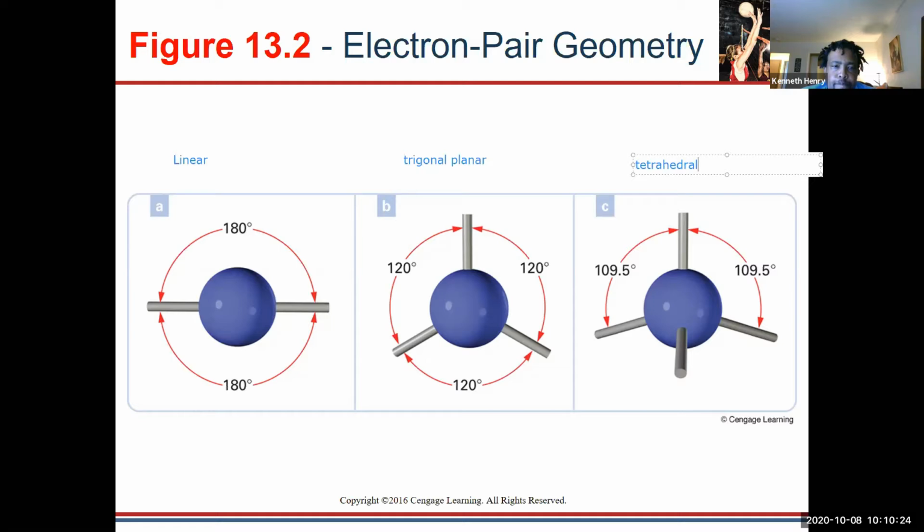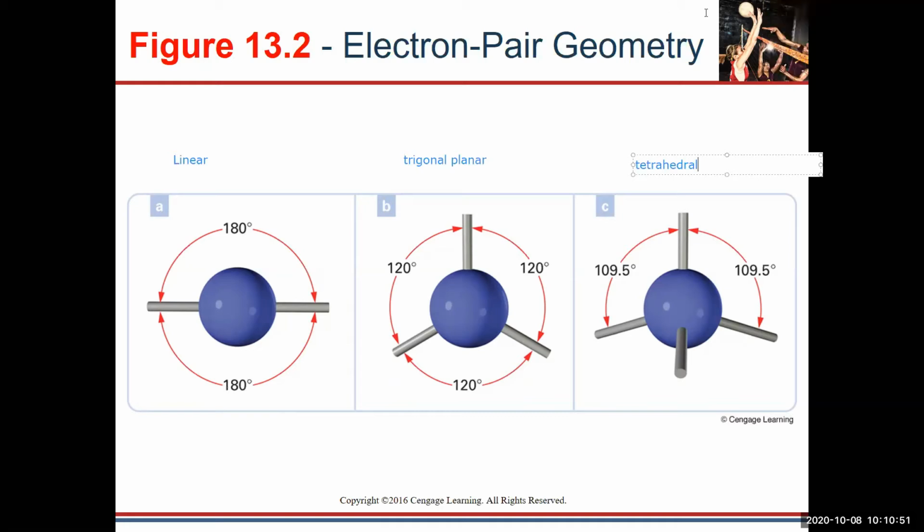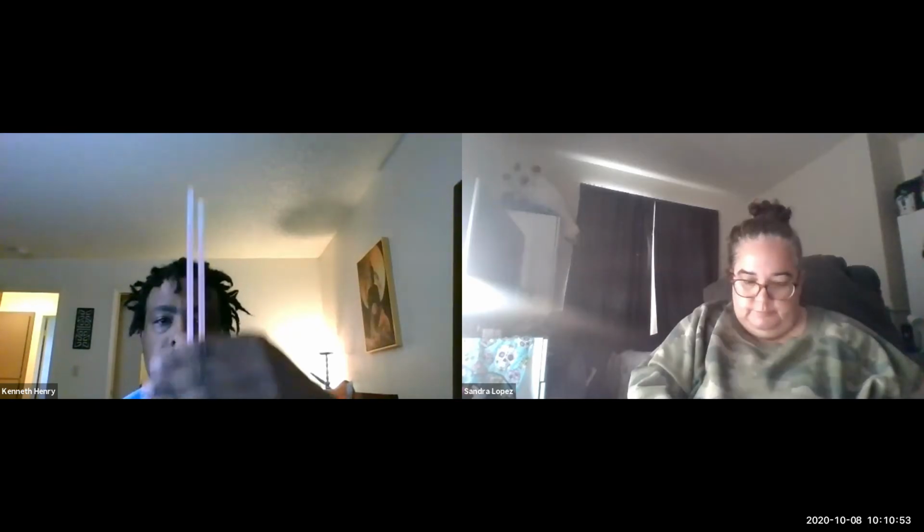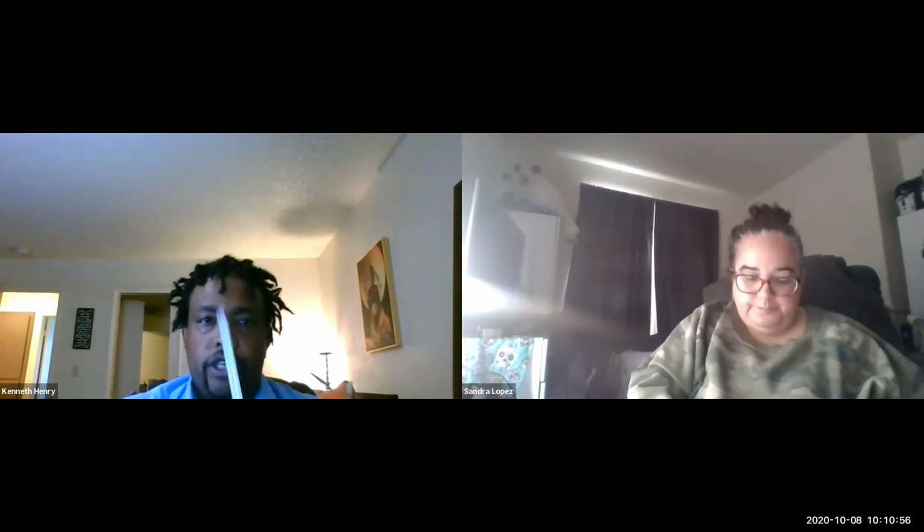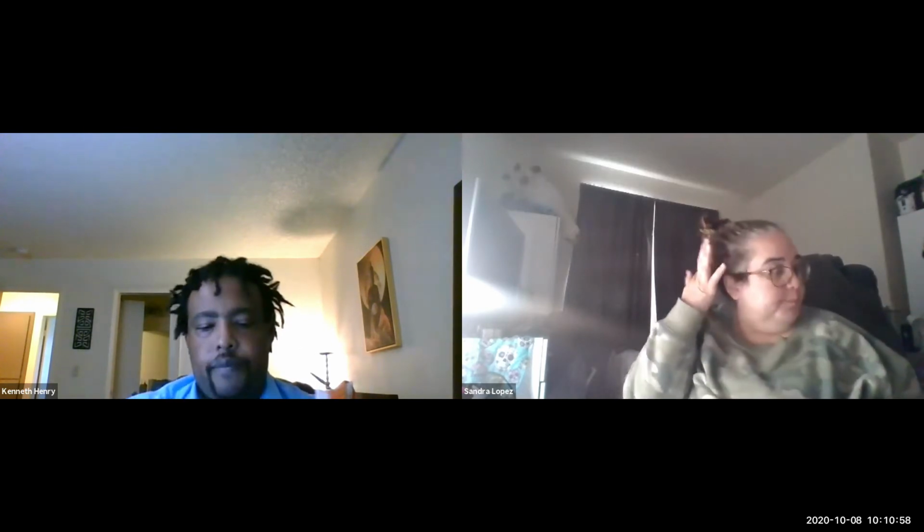Okay, so now those lone pairs play a part in this, right? So we have what we call our electron pair geometry. That means we're taking into account the electron pairs as well as the attached atoms. So if I have the pink here, you guys see the pink? You see the green? Okay.